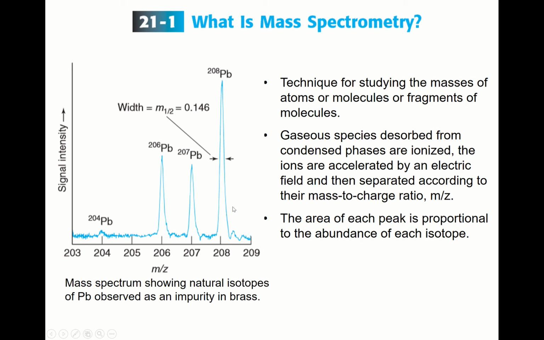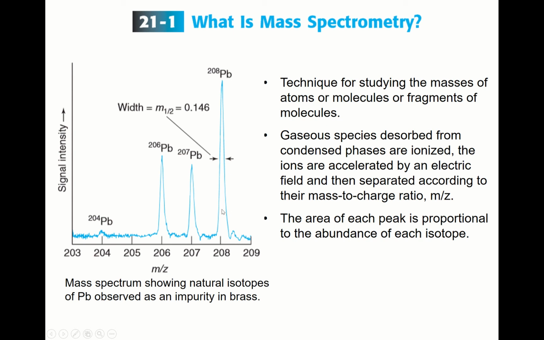Gaseous species are dissolved from the condensed phase and ionized. They must be ionized. The ions are accelerated by an electric field and then separated by many means according to their mass-to-charge ratio, m over z. This is very important.